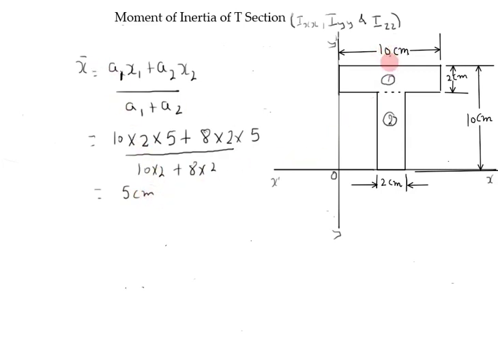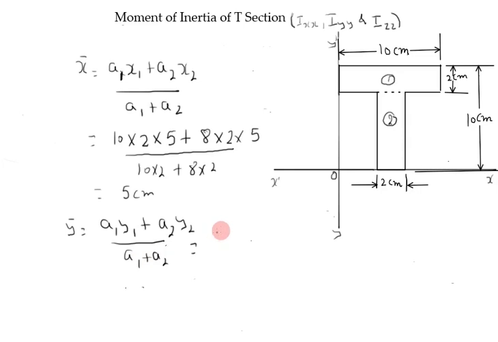This figure is symmetric about yy dash, so we can directly write it as 10 by 2, 5, or we can calculate from this formula. Then next one is y bar. Y bar is equal to a1 y1 plus a2 y2 divided by a1 plus a2.